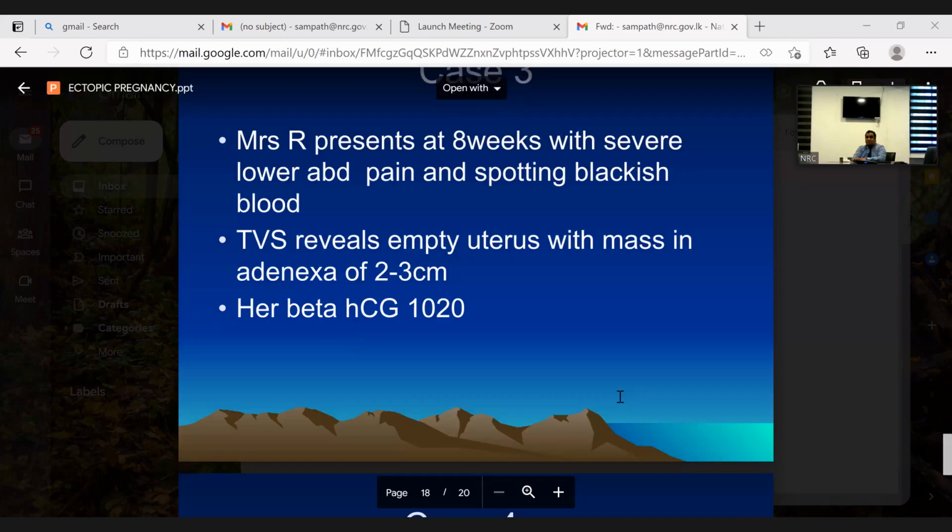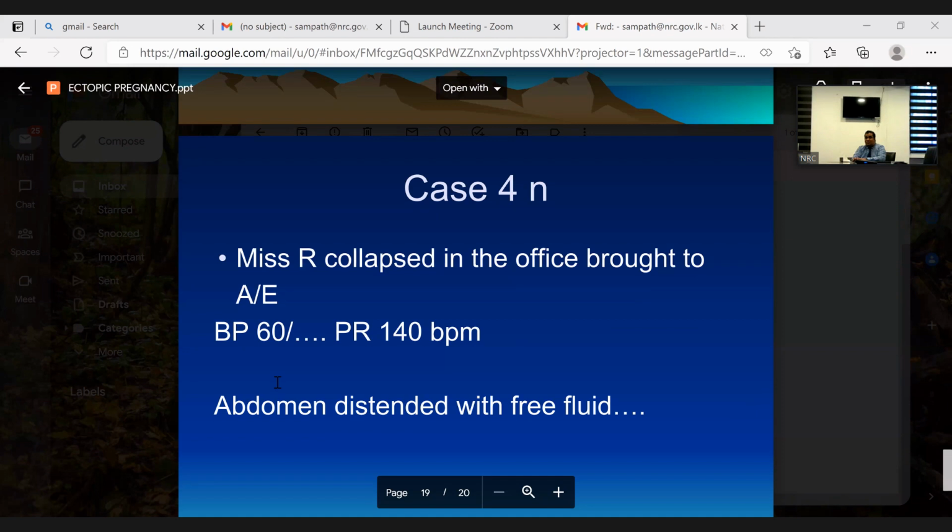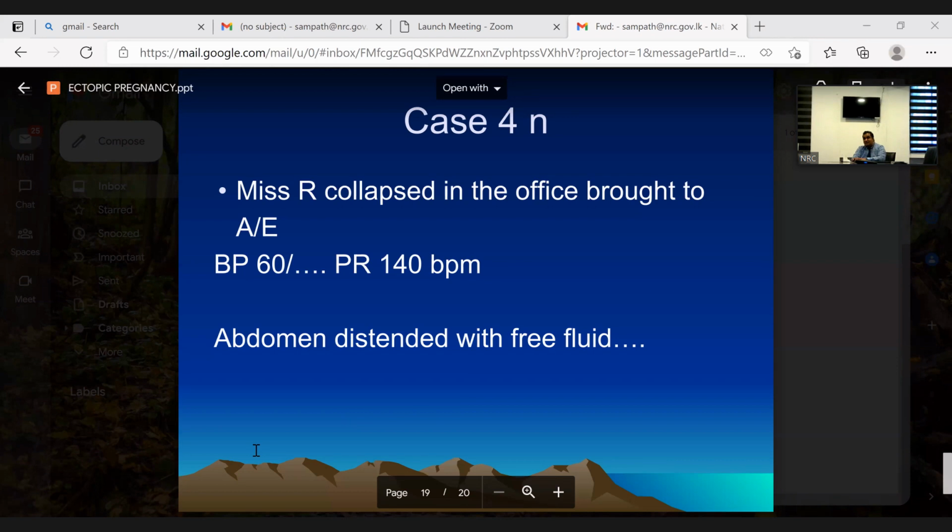There is blood fluid, and she's short of breath and very pale with shoulder tip pain. So now it's a ruptured ectopic pregnancy. Mrs. R definitely has no time even for laparoscopy. Definitely needs the cut. It could be a mini laparotomy and then arresting the bleeder of a ruptured ectopic.